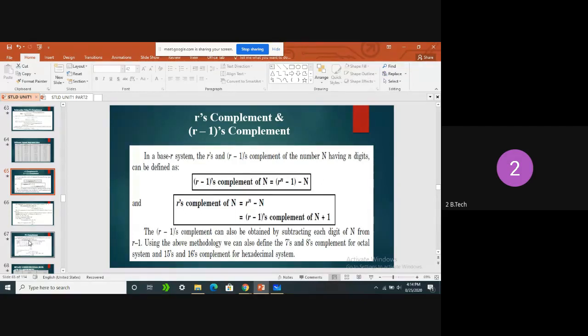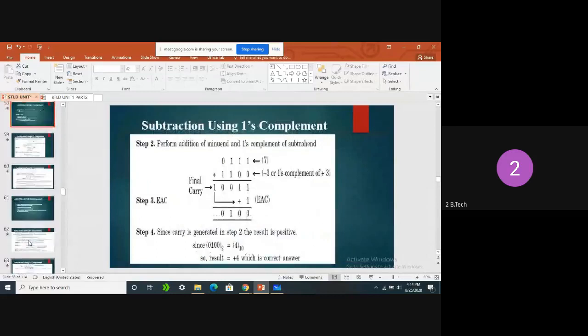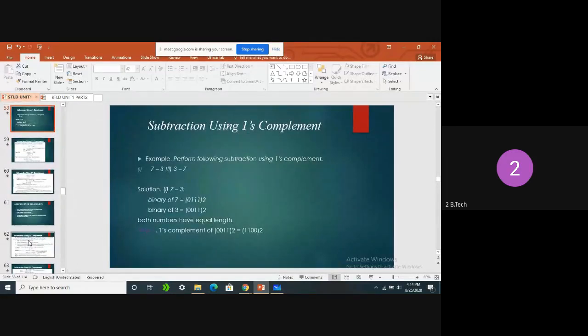R equals 10. So for decimal numbers we can see 10's complement and 9's complement. Like the way, for binary numbers we can see 1's complement and 2's complement. So how 1's complement and 2's complement are used to represent negative values especially, and how to perform subtraction especially.